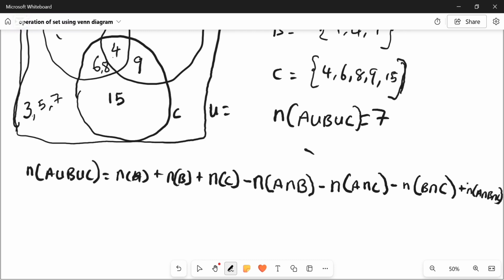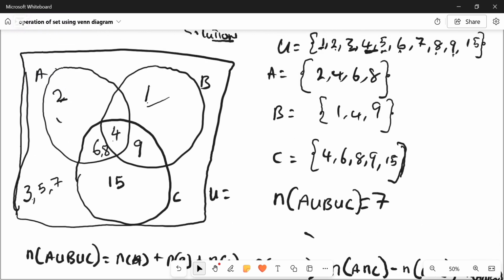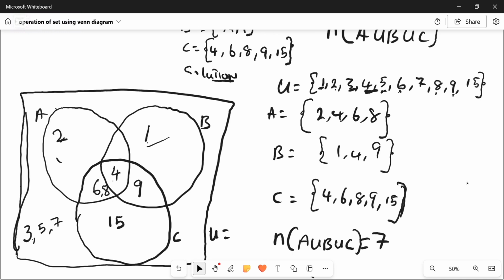So we're going to look for the number of elements in A, B, C. Then we're going to look for A intersect B, A intersect C, and B intersect C. So work with me. So these are subsets. So the number of elements in this subset here is how many? So count with me. This is 1, 2, 3, 4.